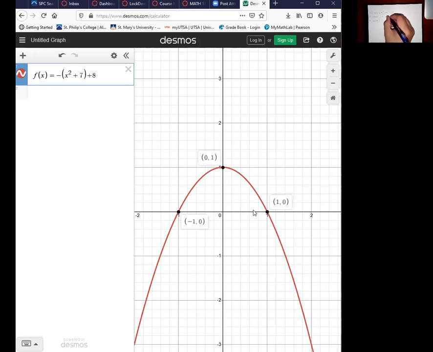The x-intercepts are 1, 0 and negative 1, 0. The y-intercept is 0, 1. That's it.